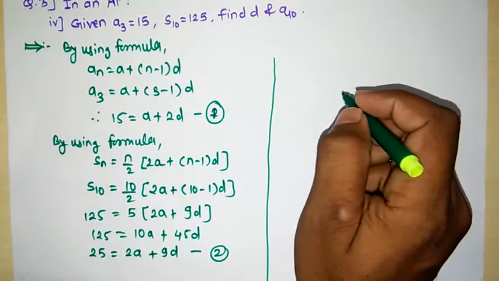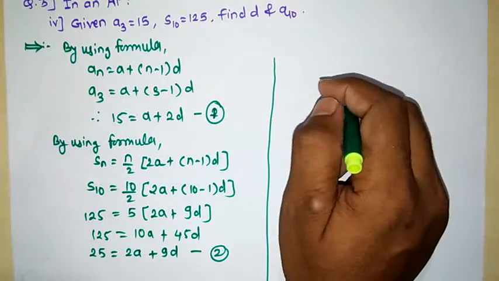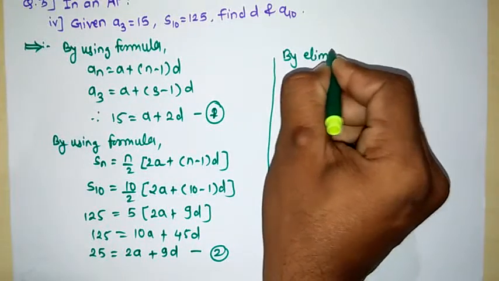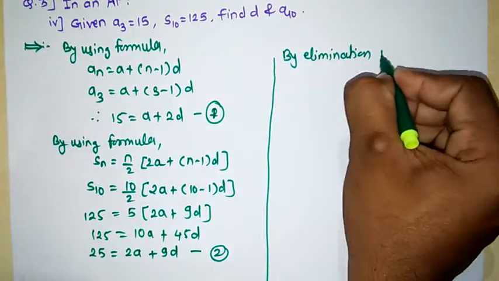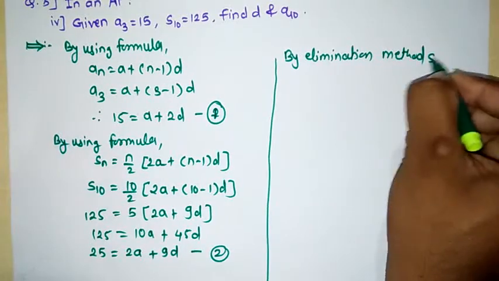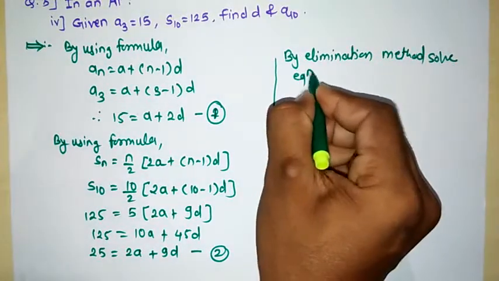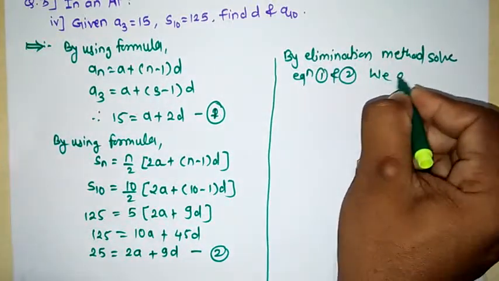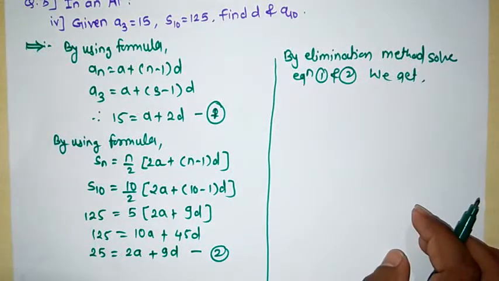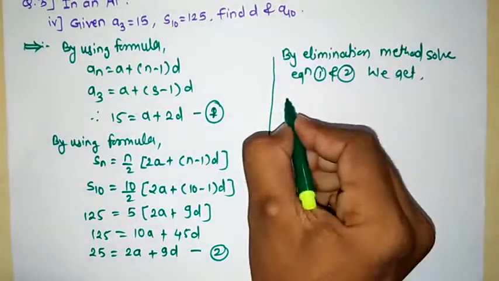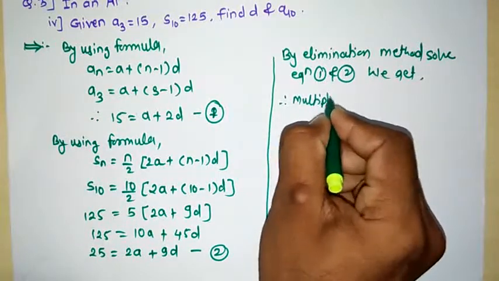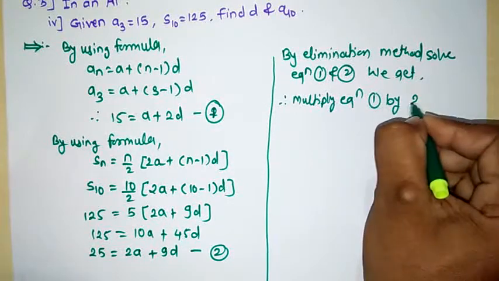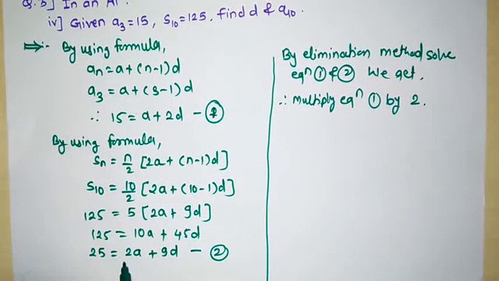Now what we will do here, see here, by the elimination method, solve equations 1 and 2. By using the elimination method we have to solve equations 1 and 2. Therefore multiply equation 1 by 2, because we have to make any one variable's coefficient the same.